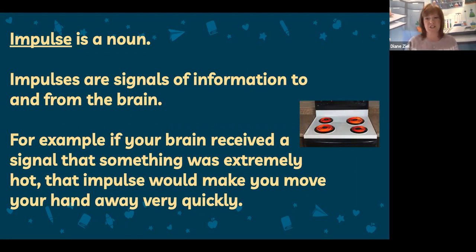If you touch them by accident, your brain would receive that signal and the impulse would happen instantly to make you move your hand away very quickly so as not to get injured. That impulse is really important to your safety. Without it, it may take even longer for you to pull your hand away if you had to think about it, and you could get injured. So that impulse keeps you safe.